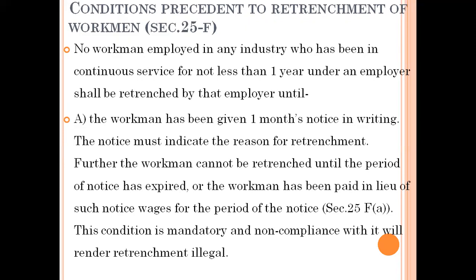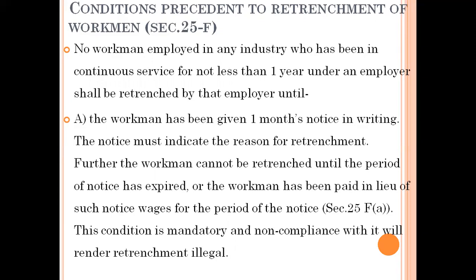What are the reasons or basis of retrenchment? Moreover, the workman cannot be retrenched until the notice period has expired, or the workman has been paid in lieu of such notice wages for the period of notice. So the employer is required to provide 1 month's notice.